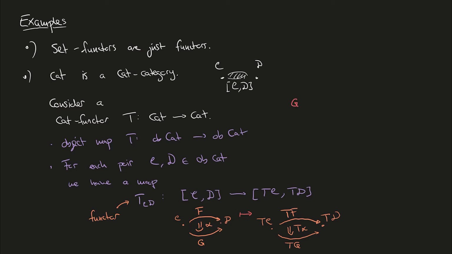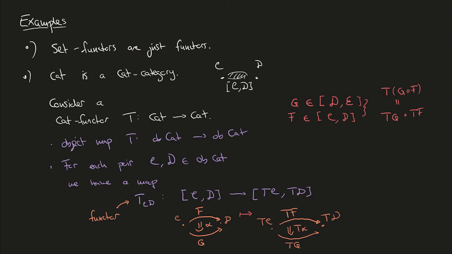If one has some element G in the functor category between categories D and E, and some element F in the functor category between C and D, then the compatibility with composition says that we need to have that T of G after F is equal to TG after TF.